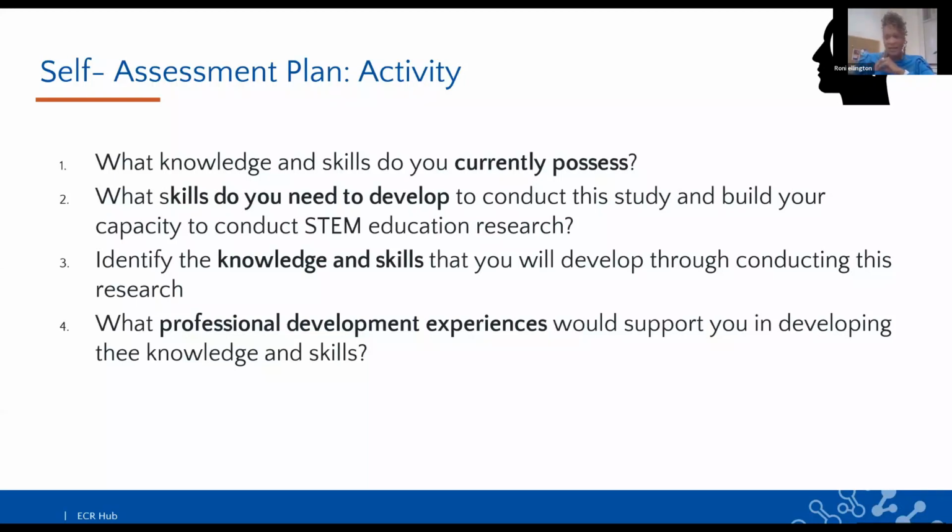If you have something to write this down, just write it down, because a big part of the solicitation is you connecting your project idea with your self-assessment and your professional development plan. So what you want to study, what skills you want to develop, and then what's going to be the professional development plan that's going to allow you to build those skills. Okay, I'm going to stop here.